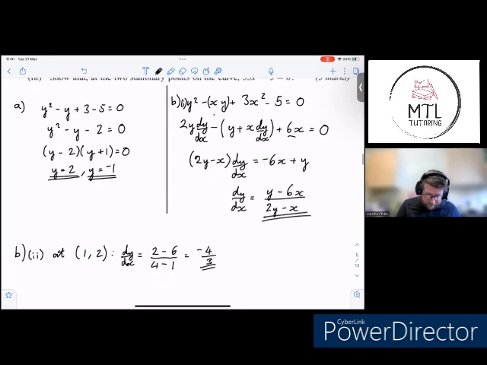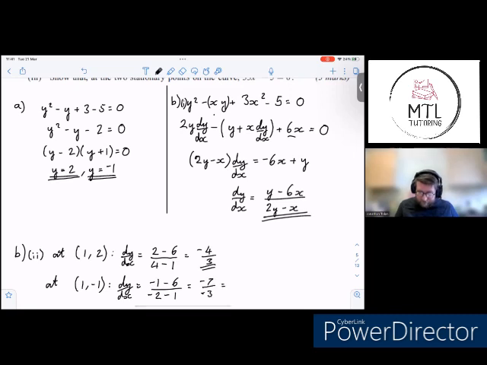And then at 1, minus 1, dy by dx equals minus 1 minus 6 over minus 2 minus 1, which is minus 7 over minus 3, which is 7 over 3.